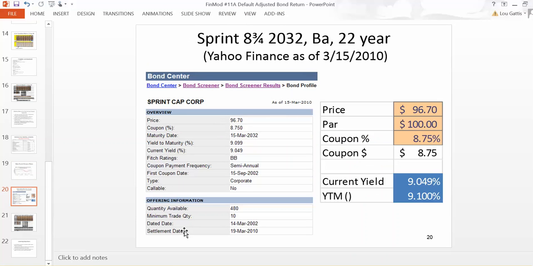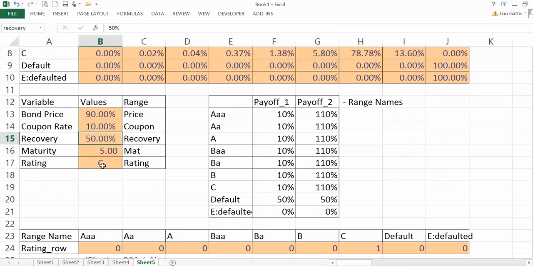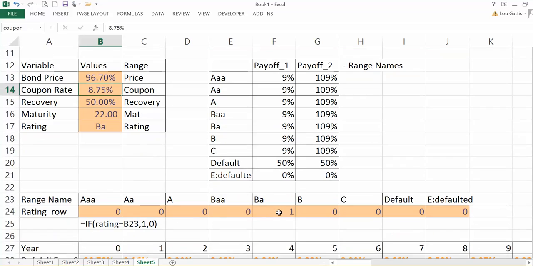Bond selling for $96.70, $8.75 coupon, and it was a BA at 22 years remaining life. I'll just leave a recovery rate of 50%, $8.75 coupon, and it was selling for $96.70, 96.7% of par. So you can see how this model works as it gets the new rating. It gets cash flows out through 22 years.